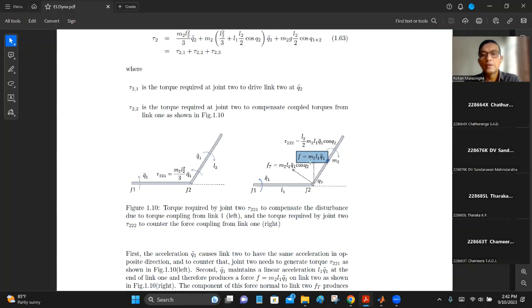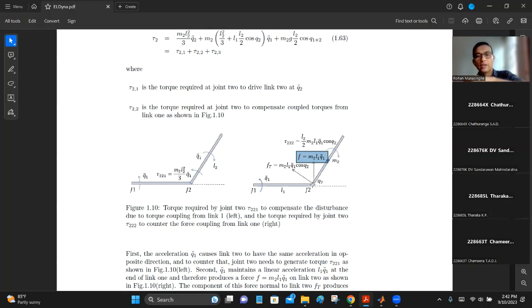L1, because link 1 here has an acceleration, Q1 double dot. This angular acceleration actually causes a linear acceleration at the end of the link.